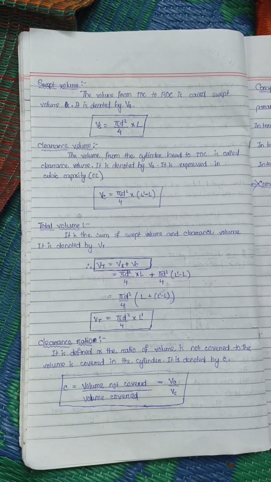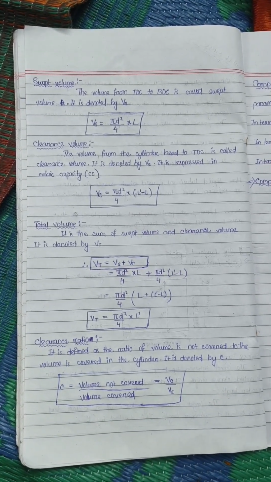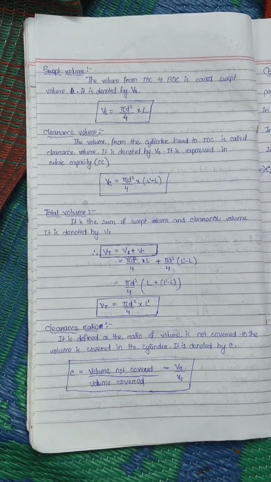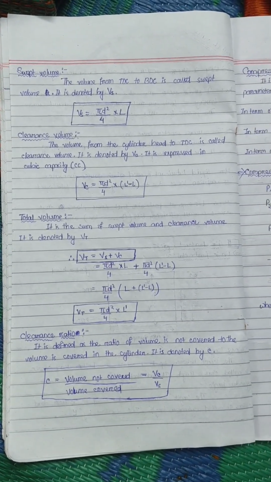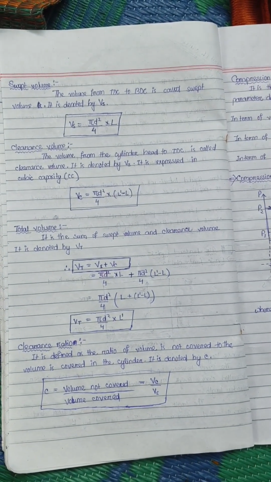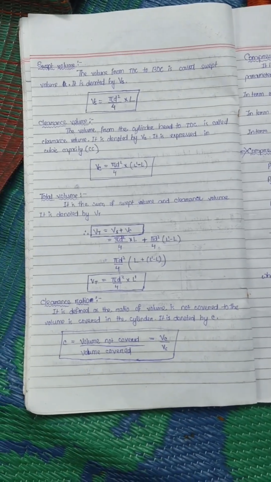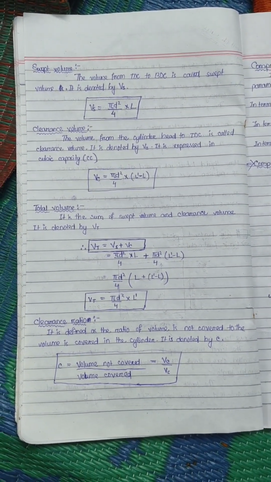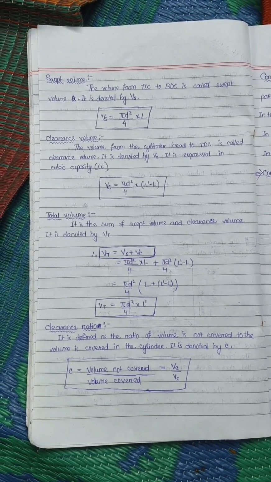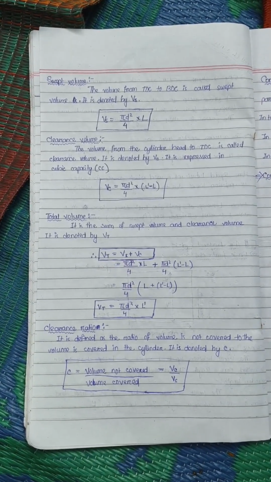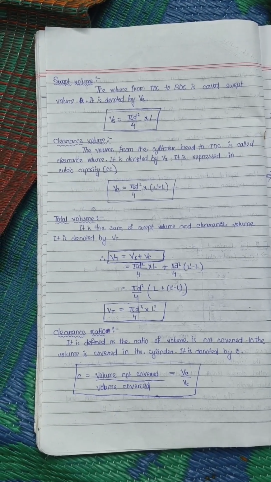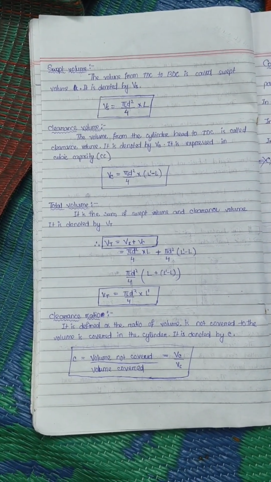It is denoted by Vt. Vs plus Vc is equal to pi d square by 4 whole into L plus pi d square by 4 whole into L dash minus L, which is equal to pi d square by 4 whole into L plus L dash minus L whole. Vt is equal to pi d square by 4 whole into L dash.